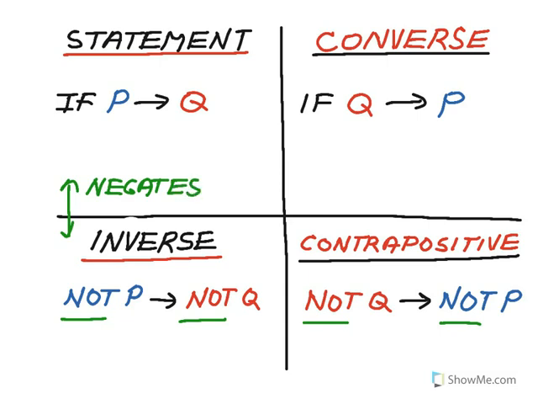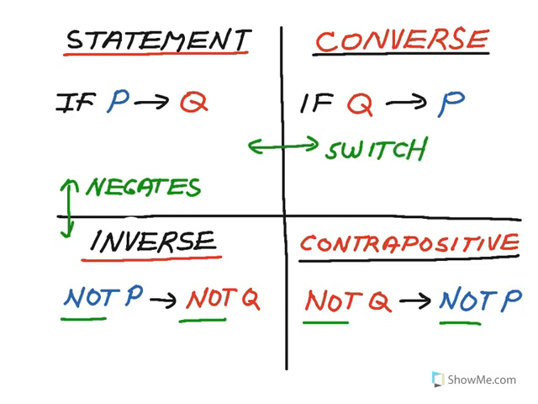If I look left to right across the rows, I switch P and Q. So horizontally, if I'm constructing this chart, I switch P and Q.